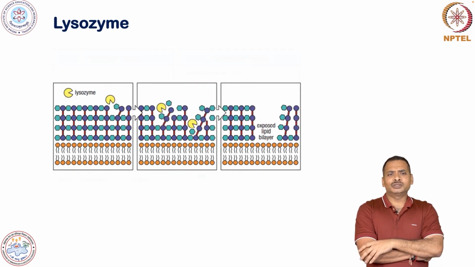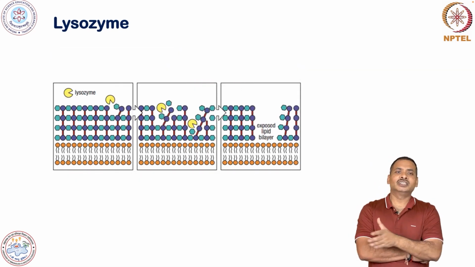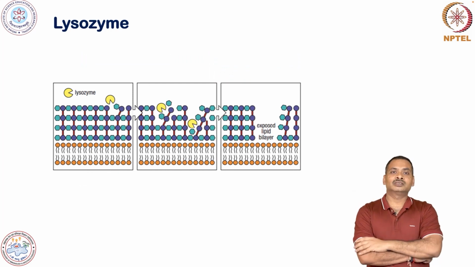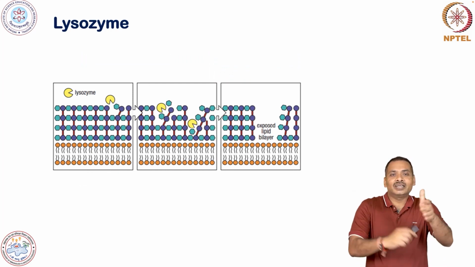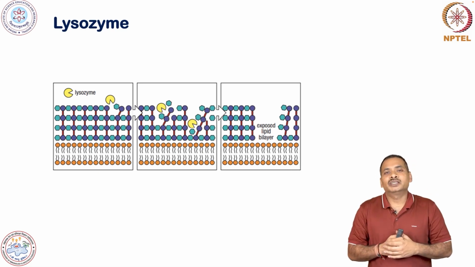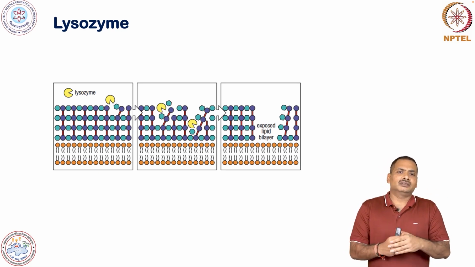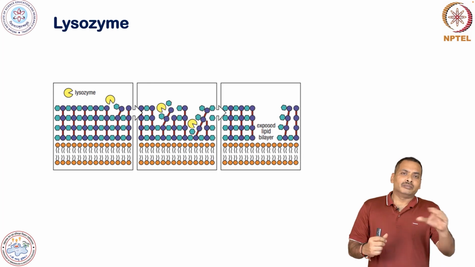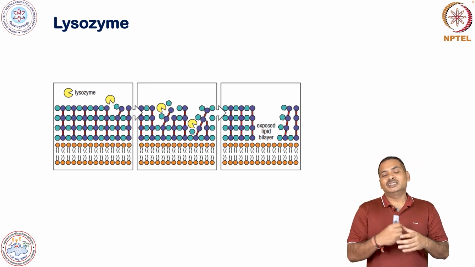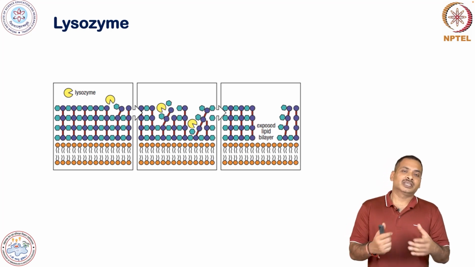So what lysozyme is doing here, you can see this is a very nice cartoon, and lysozyme basically cleaves this peptidoglycan and disrupts this peptidoglycan layer and opens the membrane part of the bacteria to the environment, and then there are several ways by which this can be disrupted.